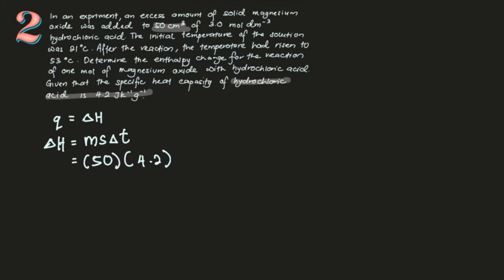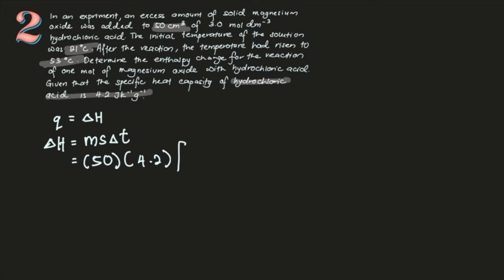And then look again at the temperature change. The initial temperature of the solution was 21 degrees Celsius and it has risen up to 53 degrees Celsius. What you need to do is look at your value for the heat capacity. The heat capacity is in joule per Kelvin, right? So since you were given the temperature in degrees Celsius, you need to convert it to Kelvin beforehand.